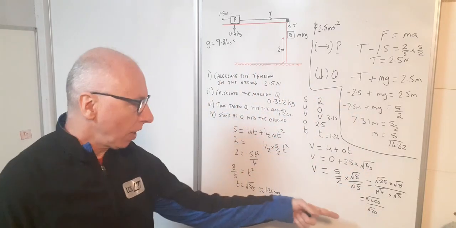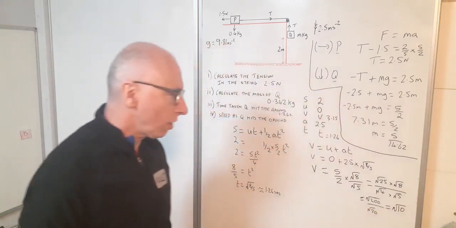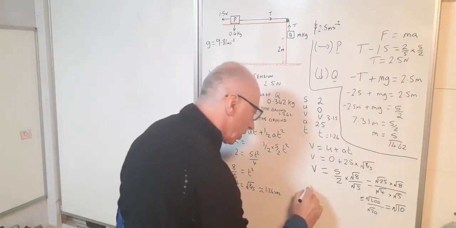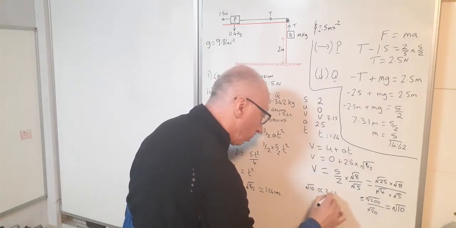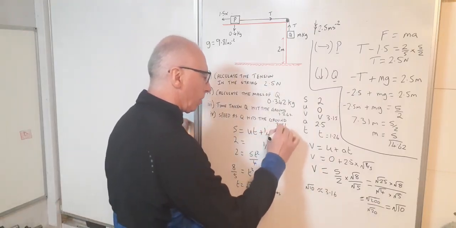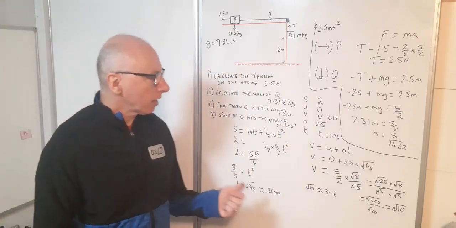Now we can just divide and we get the square root of 10. And that's a nice, neat, straightforward answer. The square root of 10 is approximately 3.16. So the speed as it hits the ground is approximately 3.16 meters per second. And that completes this question.